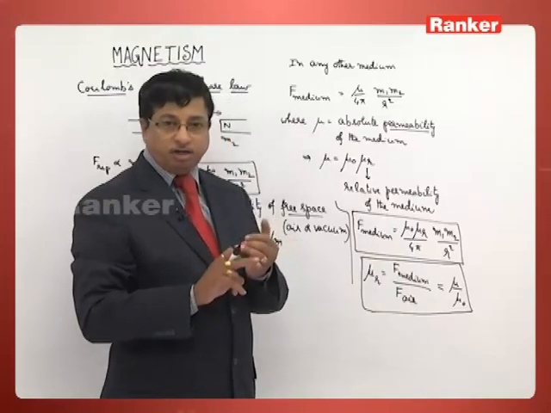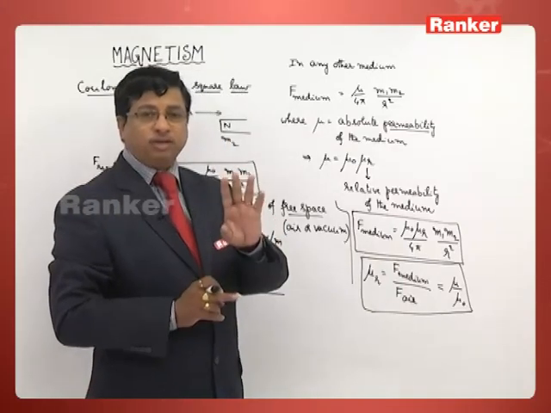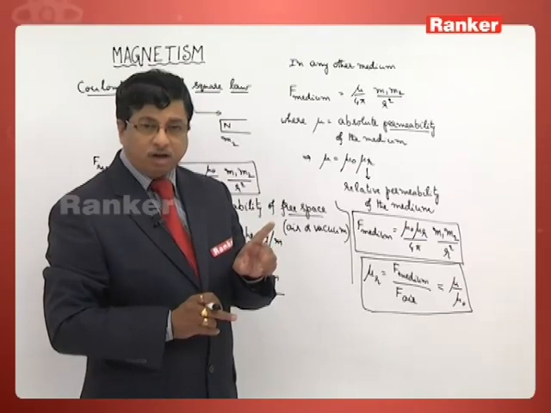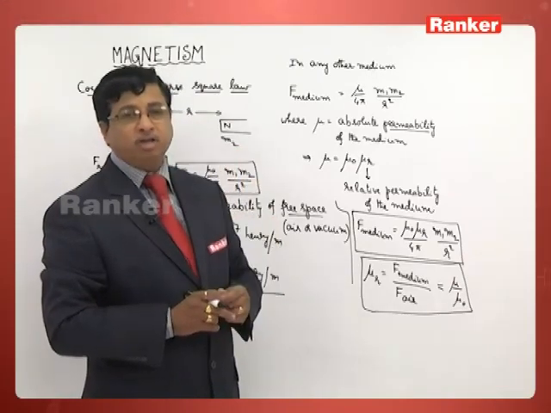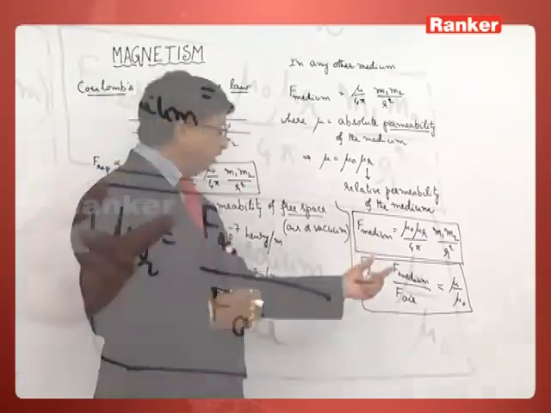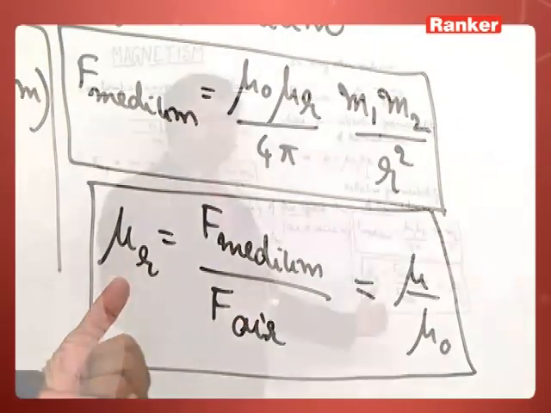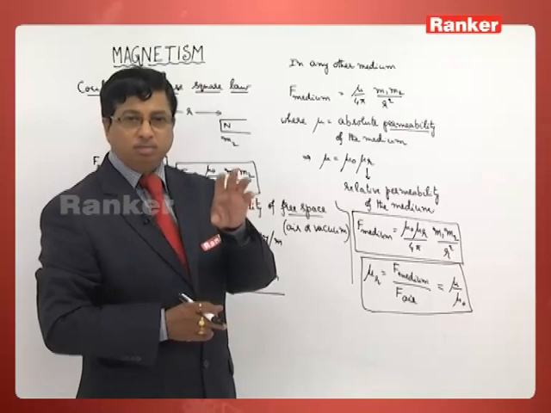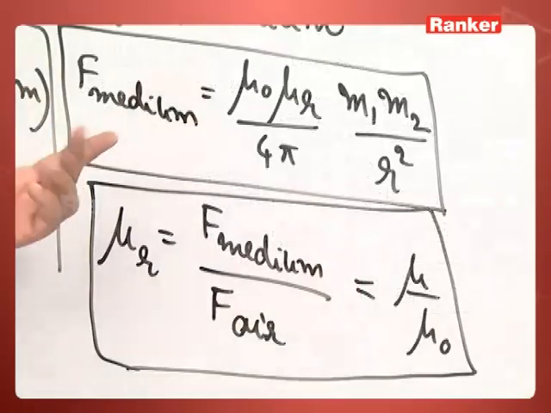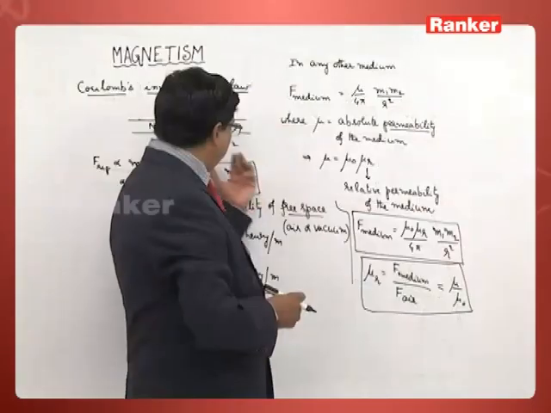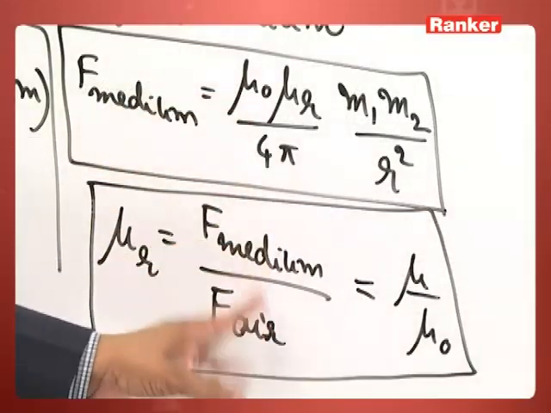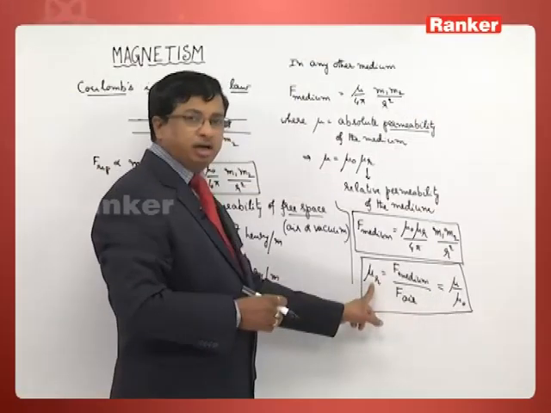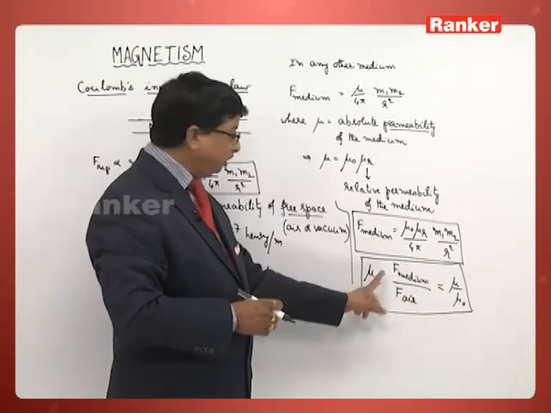Whether they are separated in air or in medium, the distance of separation should be the same and the same magnetic poles are to be considered to calculate this ratio, which gives us the relative permeability of that material medium. When we divide F medium by F air, we get the value of relative permeability of the medium.